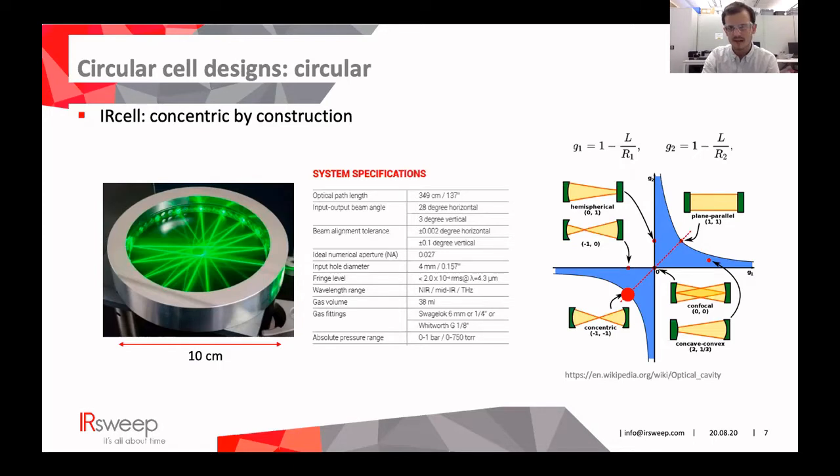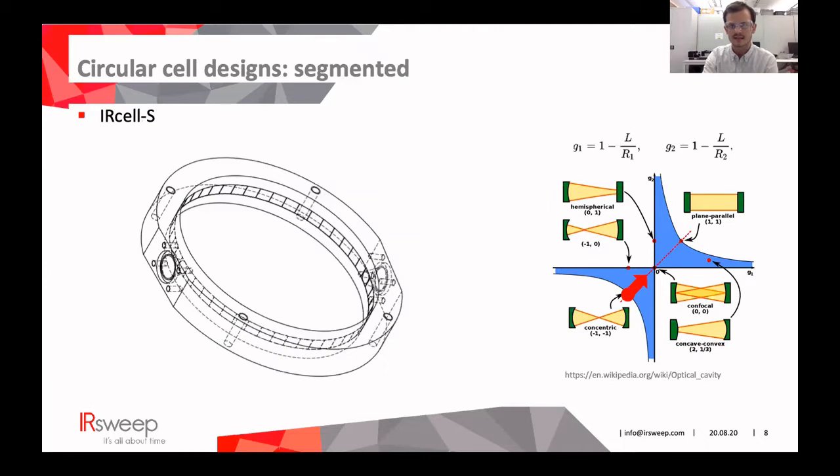Now, of course, it would be nicer to have something stable so that we can get rid of the mask and have many other advantages in alignment and stability. And that is the IRcell-S. So we change the radius of curvature at every point where we intend the beam to reflect.